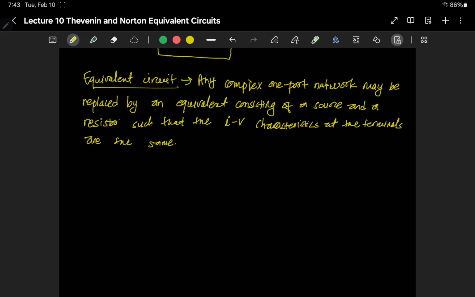And there are two different types of equivalent networks. One was introduced by scientist Thevenin and the other one by Norton, and they are called the Thevenin equivalent and Norton equivalent respectively. Let's get started with the Thevenin equivalent.